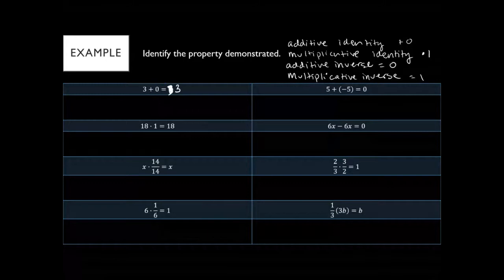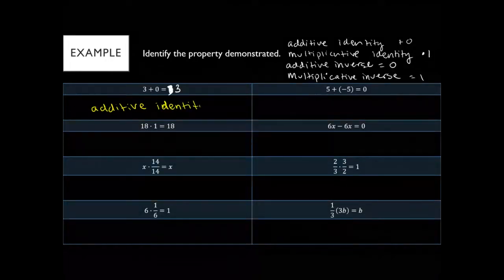Additive identity is the first one we got, and that is correct because you were adding 0, so it remains the same. It's identical to what it was before. So that is the additive identity.